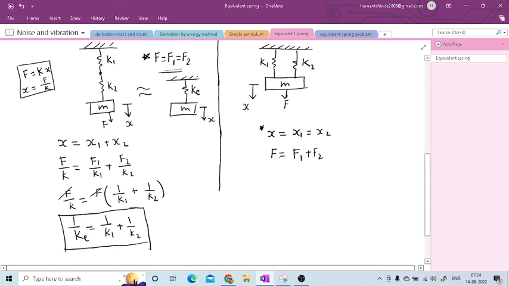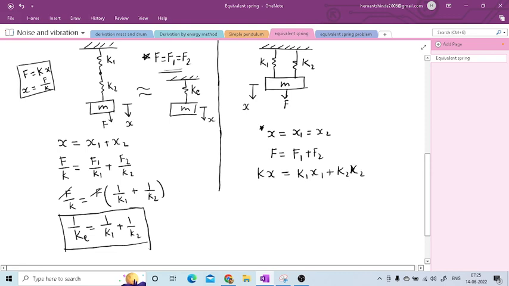F means total force, F1 means force acting in spring 1, F2 means force acting in spring 2. Now from the spring formula F is equal to Kx, we write K into X is equal to K1 X1 plus K2 X2.